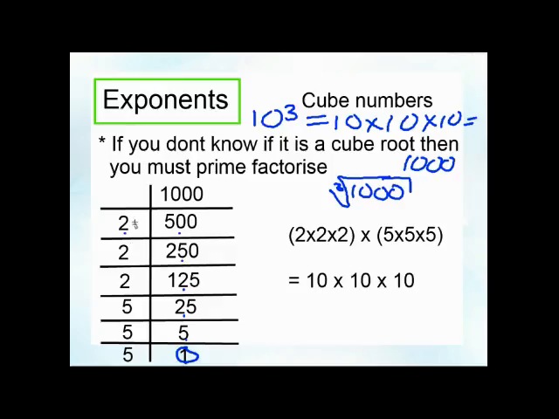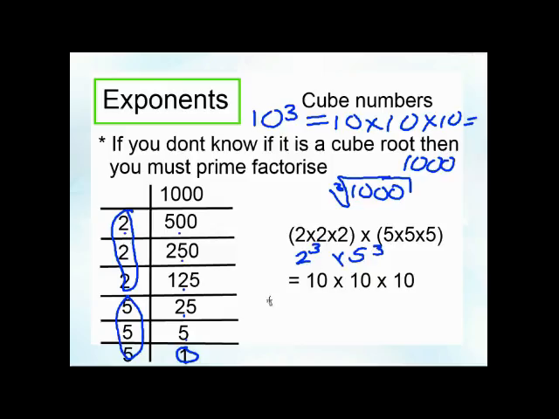And now let's see, with cubes, we need groupings of 3. And there's a grouping of 3 of 2's, and there's a grouping of 3 of 5's. So here, 2 times 2 times 2 is a grouping, so it's 2 to the power of 3 times 5 to the power of 3, right?